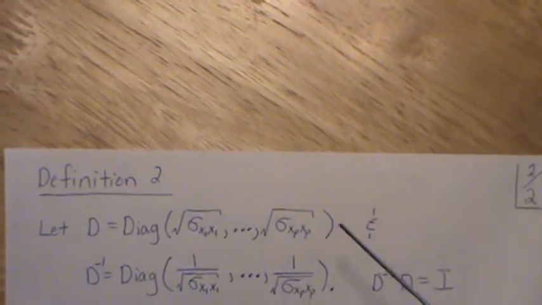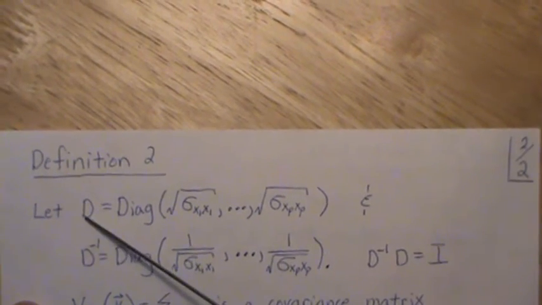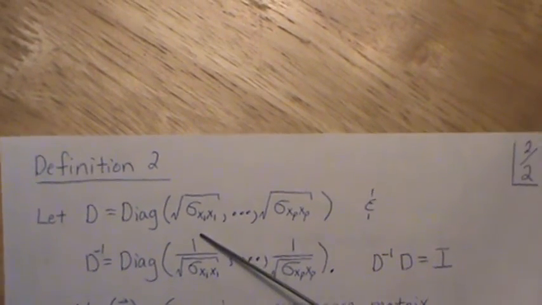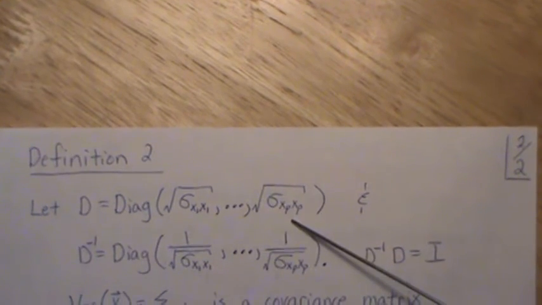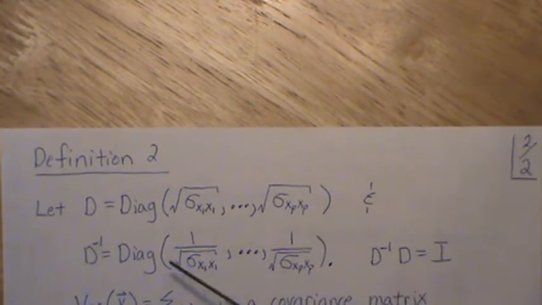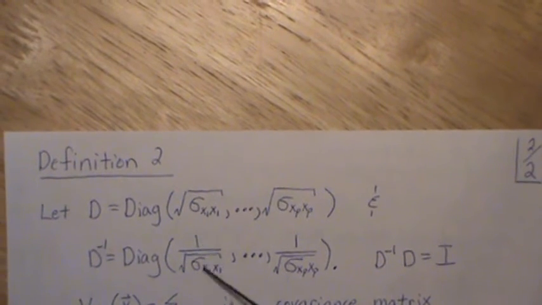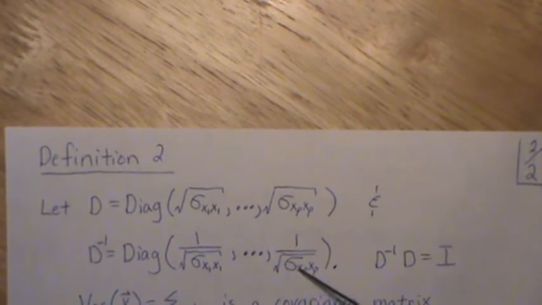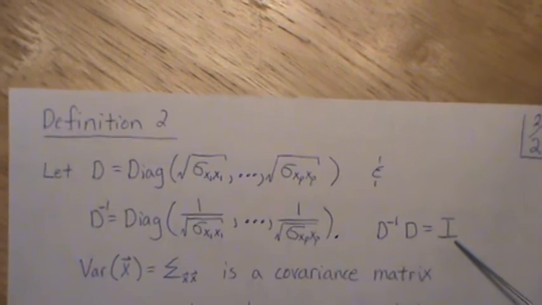Now the second formula, I want to cover some background first. Let's let D be a diagonal matrix of these standard deviations, of the first variable through the pth variable. And the inverse of a diagonal matrix is just 1 over the diagonal entries, so we get this relationship.